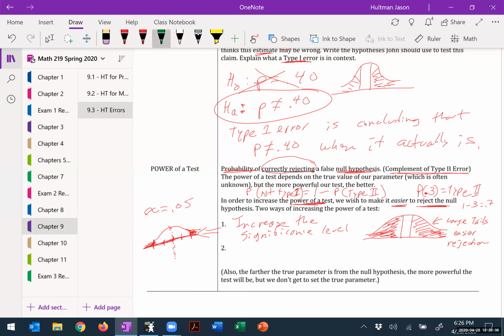If we do alpha equaling 0.15, what's that going to do to my tails? Well, it's going to bring those tails in significantly. So we could increase the significance level. That would make it easier to reject the null. That would make it easier for a type 1 error to occur.